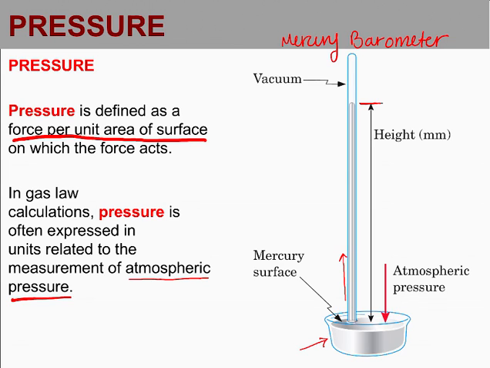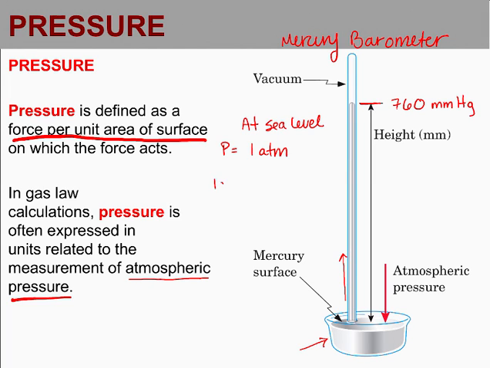Now, typically, if we're at sea level, which here in Tacoma we are, the pressure of the atmosphere is what we call 1 atmosphere. So P equals 1 atmosphere. Now that corresponds to a height of 760 millimeters of mercury.